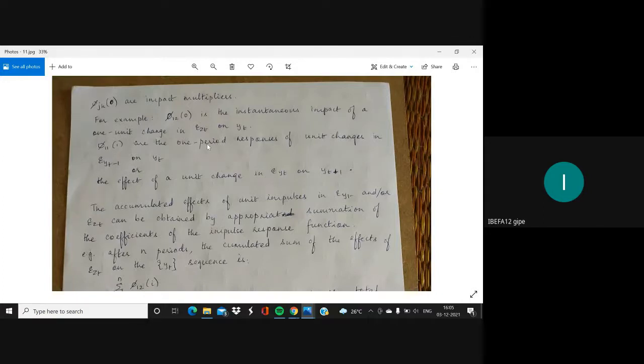Another way to look at it is, what is the effect of a unit change in epsilon yt on yt plus 1? So what happens 1 period ahead? If there's a shock to epsilon yt, how does it impact the time path of yt in the next period? Is this clear to all of you? Any doubts regarding the notation, how to interpret?